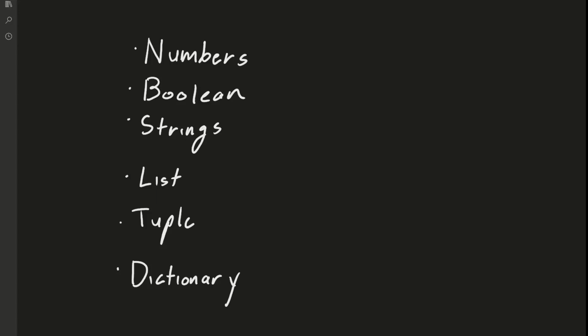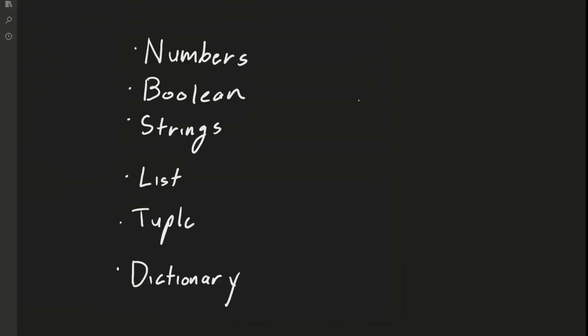In Python, you actually do not need to declare your data type when you declare a variable. In a lot of languages, you basically have to declare what you want the data type to be. Like if you want it to be an integer, you have to specifically say int x equals 5. But in Python, that's not the case.